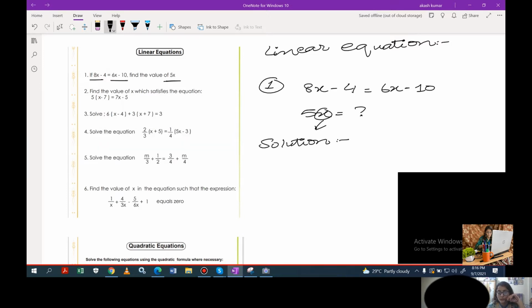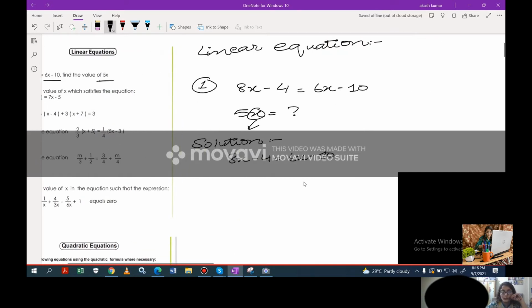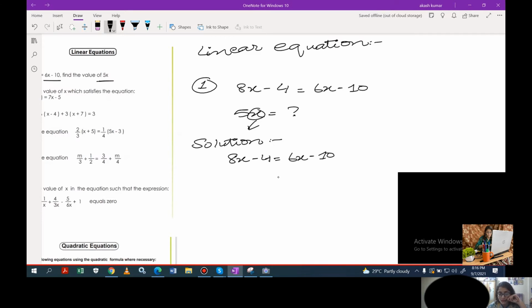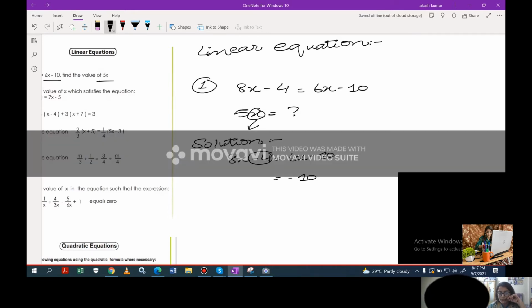So let's start solving the expression for the x value. 8x minus 4 is equal to 6x minus 10. Now, can we arrange our equation with x on one side and constants on the other side of the equals sign? We have minus 10 here, keeping the minus 10 as it is on this side. If we take the minus 4 from this side to the other side of the equals sign, it will be plus 4.